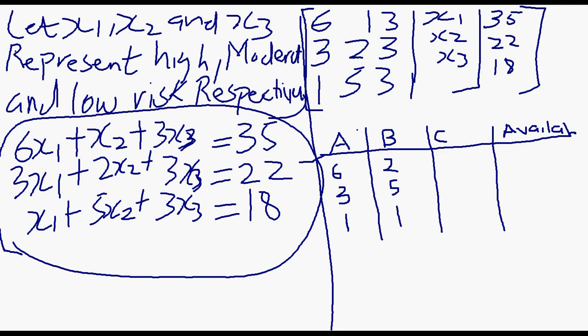In the third portfolio, we have 3 high, 3 low, and 3 moderate. Then the available here is 35 high, 22 medium, 18 low.